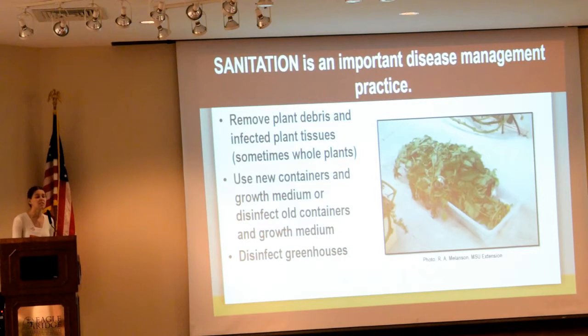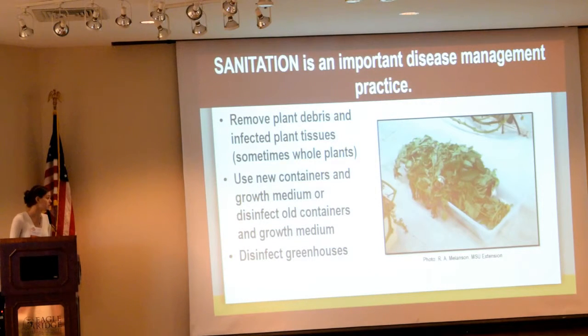Some pathogens produce survival structures, and they may be able to persist in the growth medium, or they may be able to remain on the surface of those containers. So you want to clean, sterilize, and use new growth medium or new supplies when necessary.